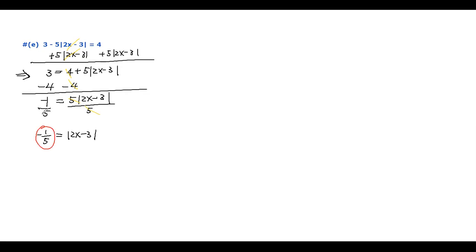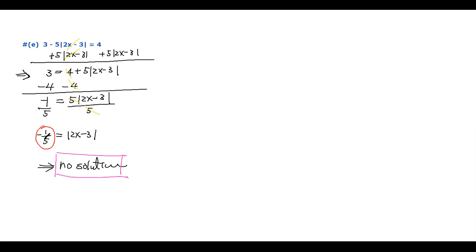Like we talked about before, can an absolute value be negative? No, because every absolute value has to be non-negative. So I don't even need to break it. There's no solution, because the absolute value cannot be negative.